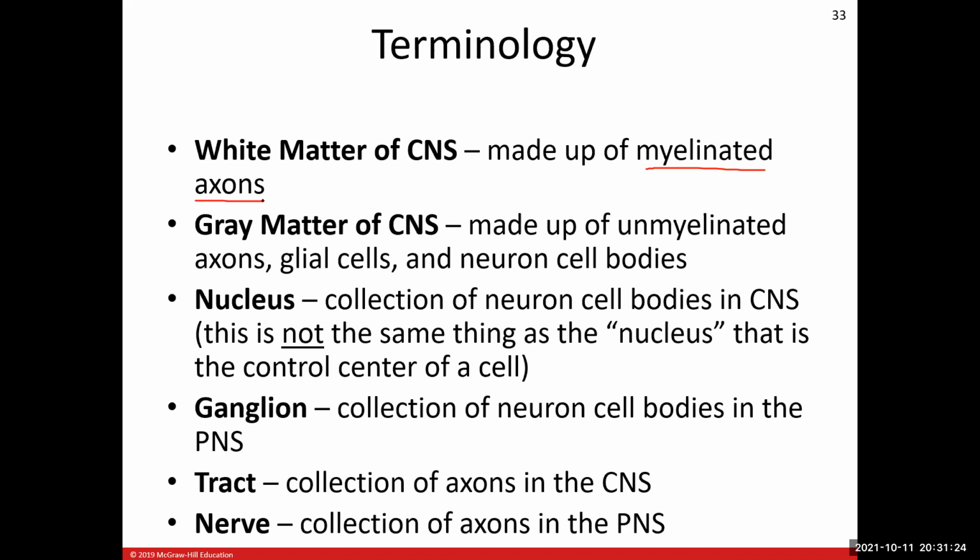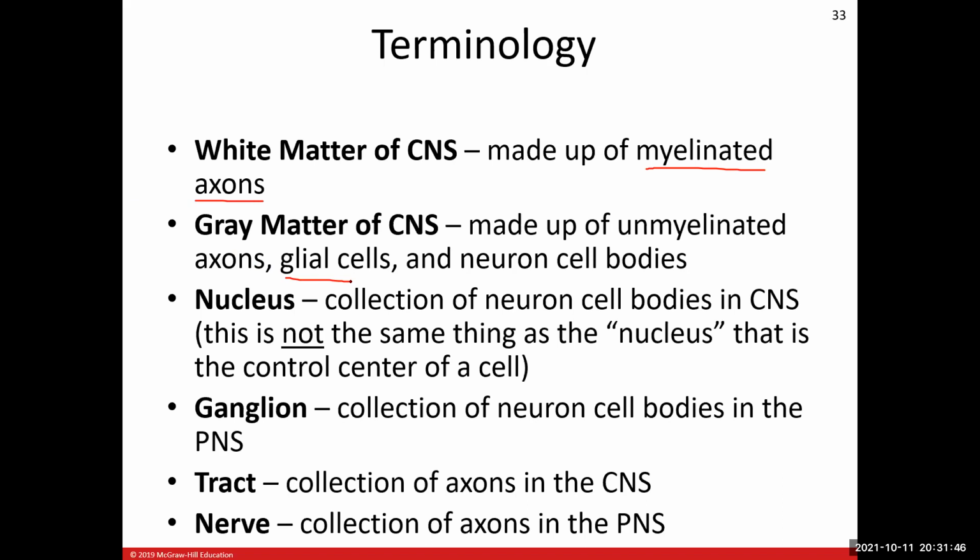So myelin doesn't appear on the cell body, and that includes the dendrites. So gray matter is also going to be the neuron cell bodies and then also glial cells. So when you're looking at gray matter, it's going to be unmyelinated axons, glial cells, and cell bodies.